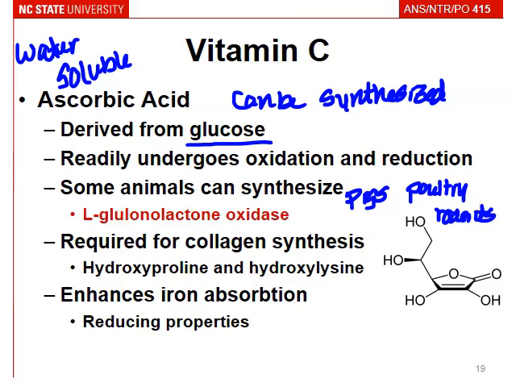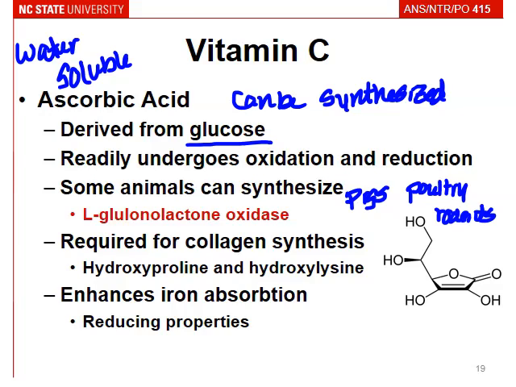So basically, getting back to our very first unit of lectures, you wouldn't want to use a mouse or a rat as a model for evaluating vitamin C metabolism in humans, because they can synthesize it. A better example would be a guinea pig or a hamster. They are unable to synthesize vitamin C, so they're a better model.